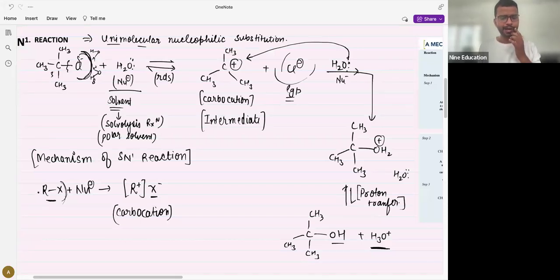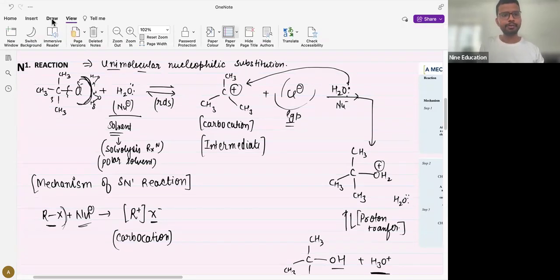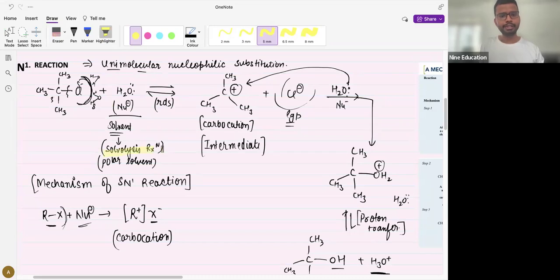It does not go and attack on back side in SN1, है ना, इसने बाहर से ही, this nucleophile mostly are solvent in these reactions, है ना? तो इसने कार्बोकैटायन it has formed, and this is our rate determining step.